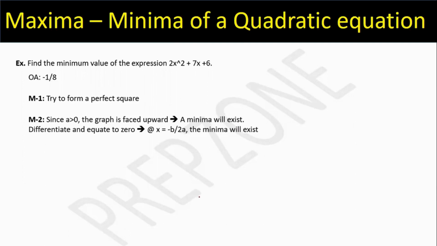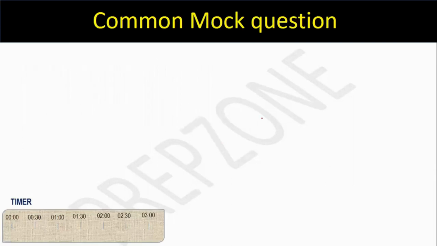Okay, so with this, let's move on to the last question for today. This is the question. I've mentioned this as a common mock question, which means the moment you start writing your SimCATs or MCATs or CL mocks or CRACU mocks, you will encounter such questions, and these are considered difficult questions.